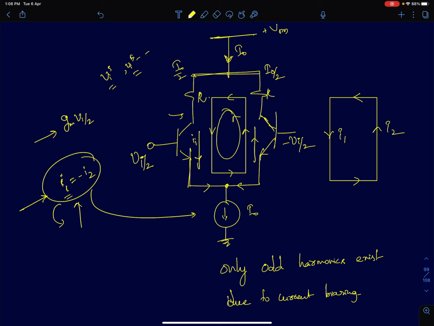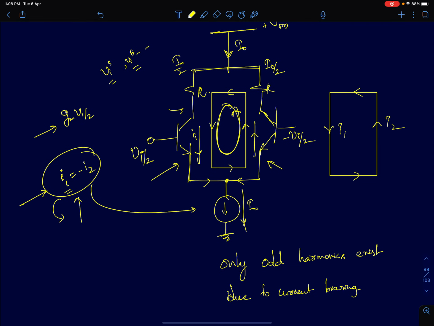So this circuit only permits odd harmonics to exist. Even harmonics cannot exist. And the odd harmonics will loop around the two transistors as shown here. And because it's a current bias circuit, the ground is always going to see a constant current I naught flowing into it.